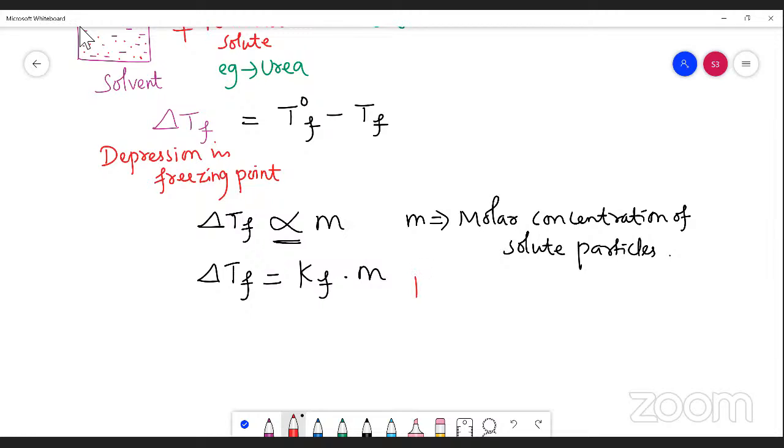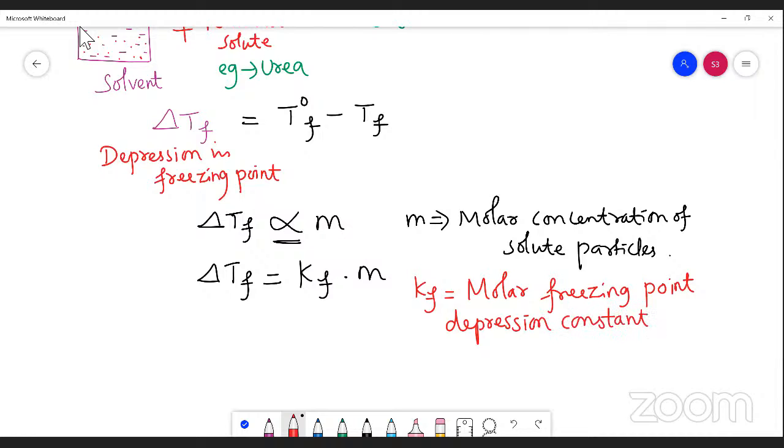Kf is nothing but the molar freezing point depression constant, or another name, the cryoscopic constant.